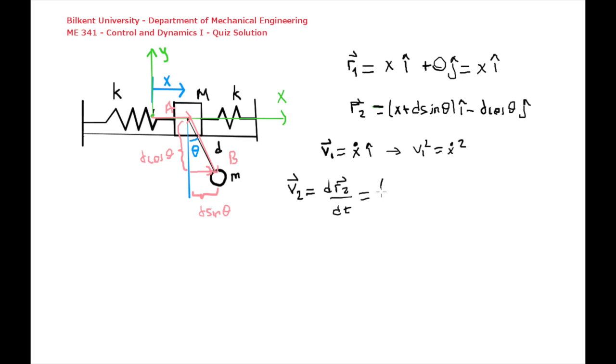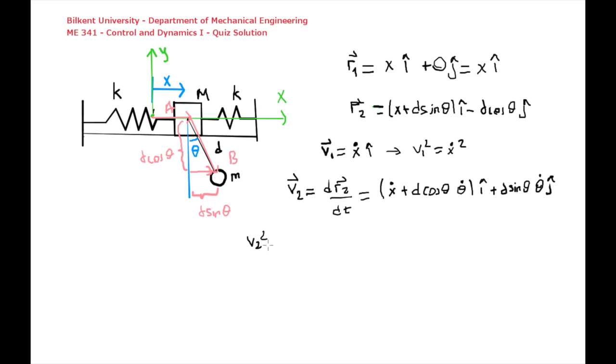So I will have x dot plus d cosine theta theta dot in the i direction, and plus, now I'm taking the derivative with respect to time and using the chain rule here. So sine theta makes cosine theta, and in the j direction minus d sine theta theta dot. Notice the sign change, because the derivative of cosine theta is minus sine theta.